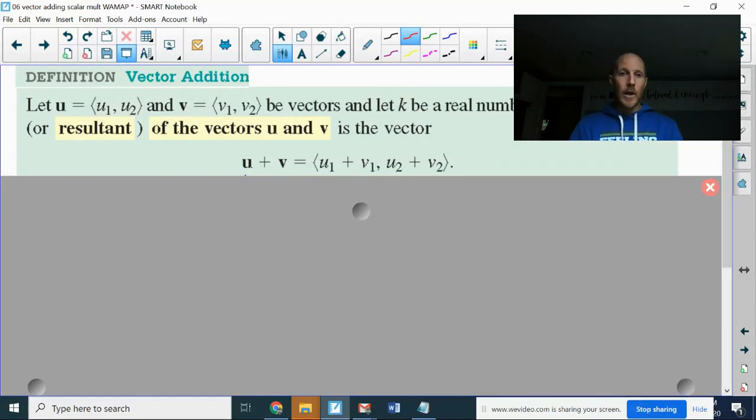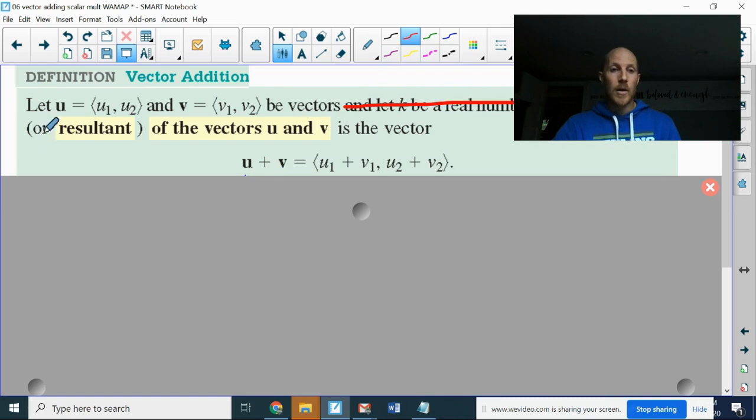Our textbook, again, kind of makes it look scary, but if we have two vectors, vector u with component form u1, u2, and vector v with components v1, v2, those are both vectors. It says let k be a real number scalar, but there's no scalar that shows up in the rest of this example, so we just ignore that for right now.